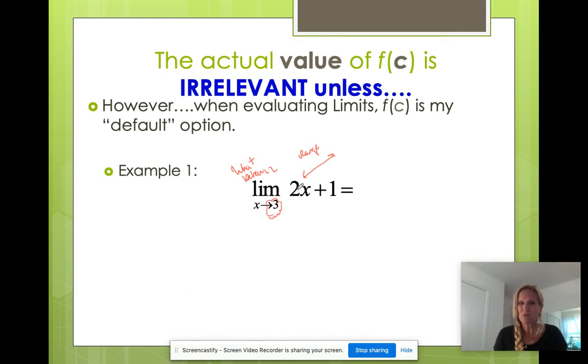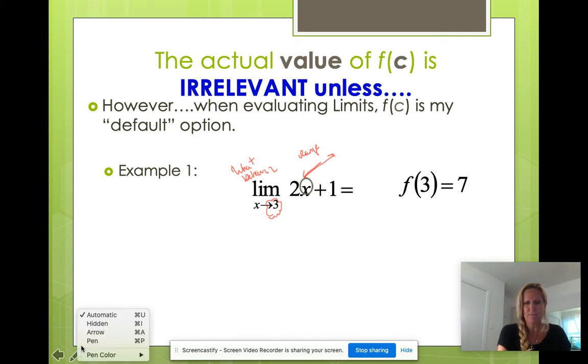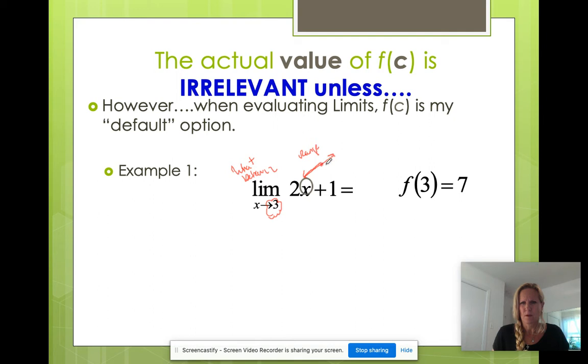Well, because you know what 2x plus 1 looks like, you know it is a continuous function over its domain. If you just plugged in 3 to the function, what would you get? 7, right? When x is 3, y was 7.